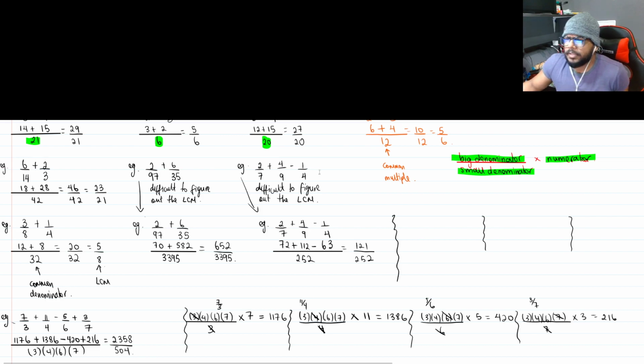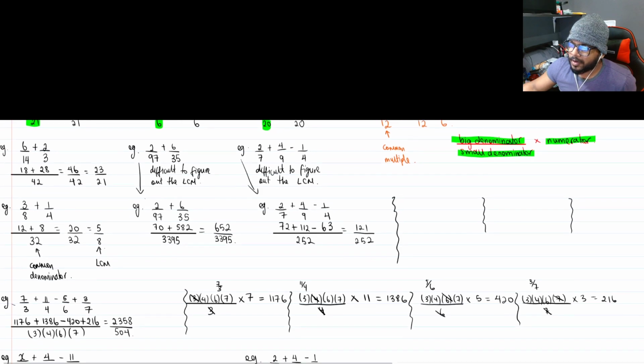Now, this procedure works exceptionally well because everybody in the first class told me that algebra was the problem. Well, guess what? Algebra comes up in fractions as well.